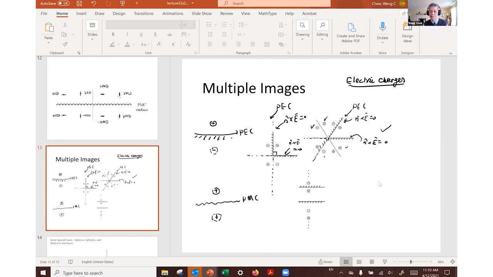Okay, this is only possible by using symmetry. So if the problem is not symmetrical, then there's no way you can find such a solution. Okay? So you can find a solution such as this one, you can find a solution such as this one, and maybe some other problems where you can have a certain degree of symmetry.